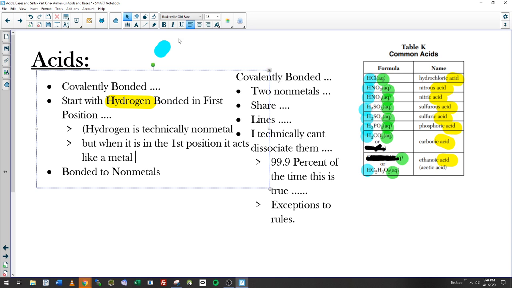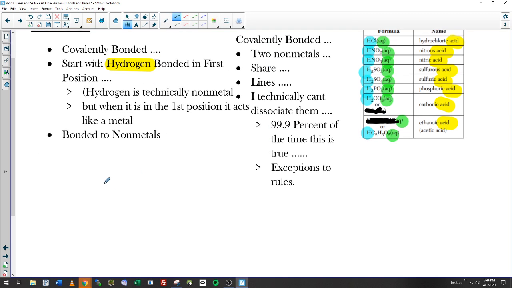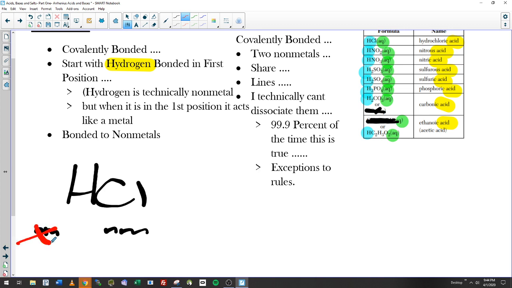And if it is in the first position, I'm going to go over here for a minute, and I'm going to just sketch this out for you. HCl, which is hydrochloric acid. Technically, this is a nonmetal, and this is a nonmetal. But because this hydrogen is in the first position, it acts more like a metal. So HCl behaves ionically.